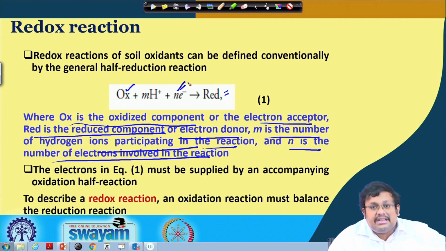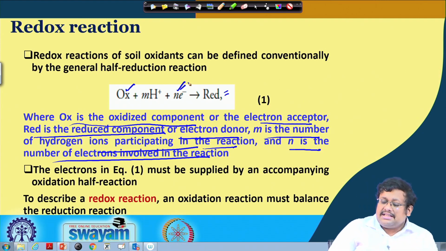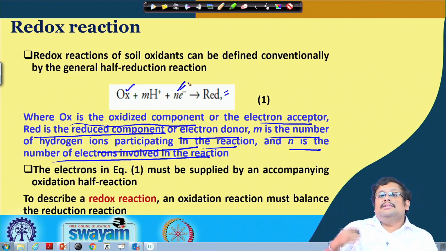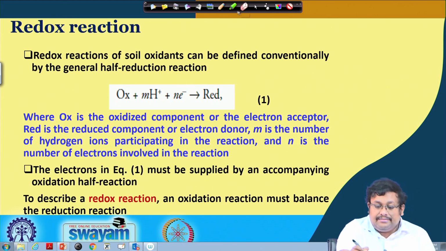Now, to describe the redox reaction, an oxidation reaction must balance the reduction reaction. So, it is not an individual reduction half reaction, it should also involve the oxidation reaction to complete the total redox reaction.